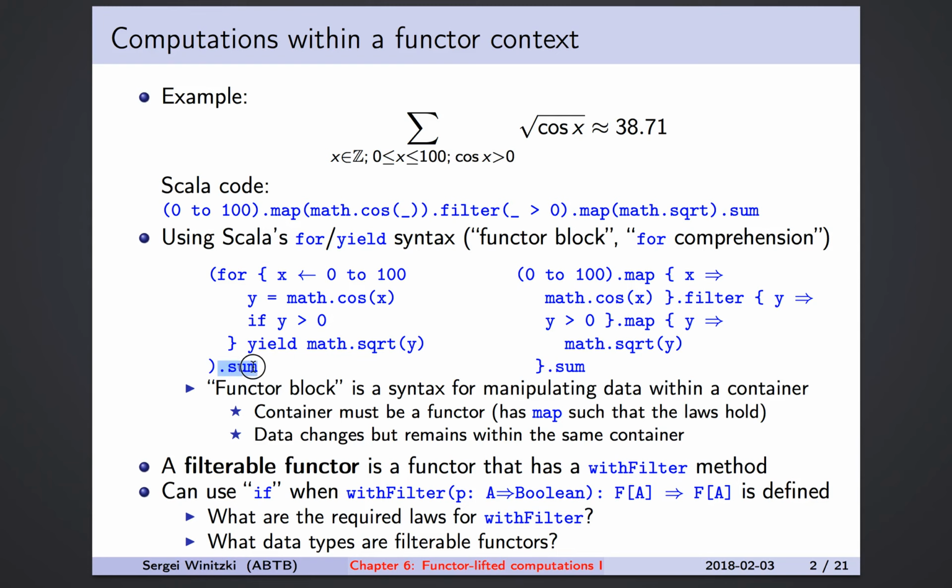Sum transforms a functor value, or sequence in this case, into a single number. So every line in the functor block after the first line will be repeated for every x that belongs to this sequence.